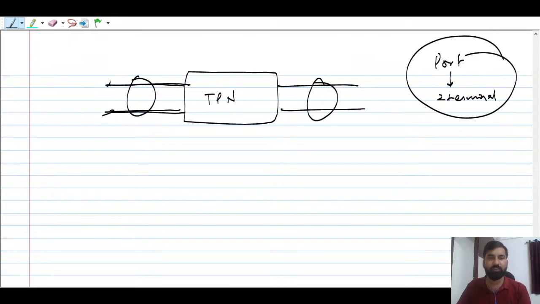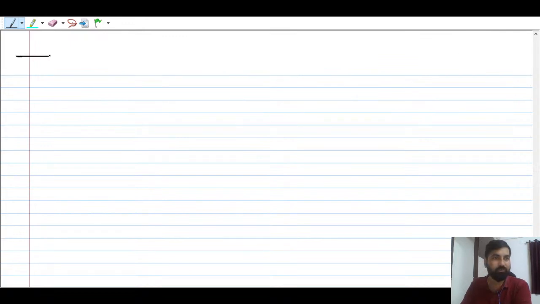Moving forward, as I told you, electrical circuits are nothing but an interconnection of elements such that there is at least one loop of elements. One loop is there. This is very important. So let me come back to electrical circuit.